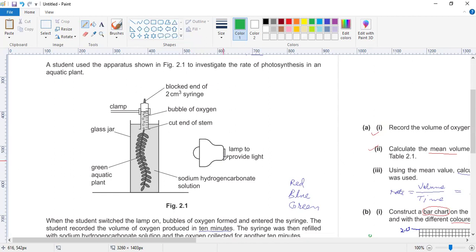We will repeat the same experiment so that it can be comparable, and we will refill the syringe again and again, as many times as you repeat the experiment, with no filter or any color filter, in all the cases. So in this way you will write your answer. These were the important points that you will keep in your mind. Remember that this is a question of 6 marks. So now I'm writing that answer.